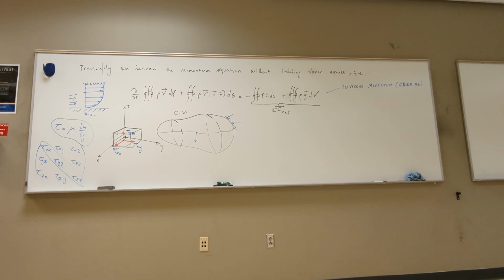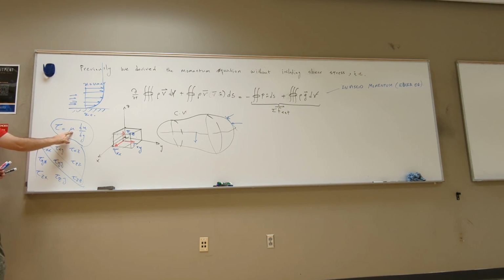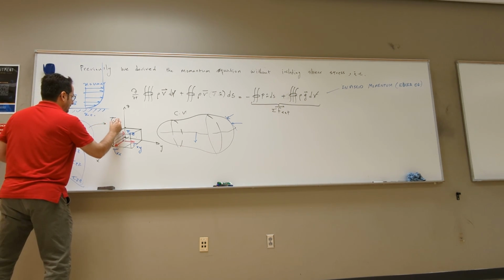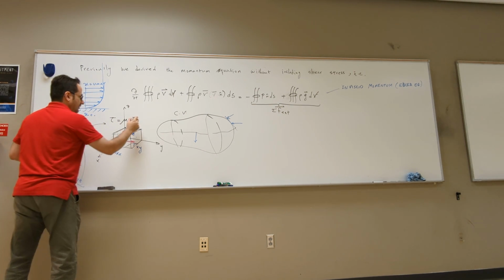But look, in fact, this equation will relax to the one-dimensional equation in terms of gradient when you have one-dimensional flow. That means the only gradient is in the y direction. Now we can generalize that to 3D space by writing tau is equal to mu times gradients of velocity.